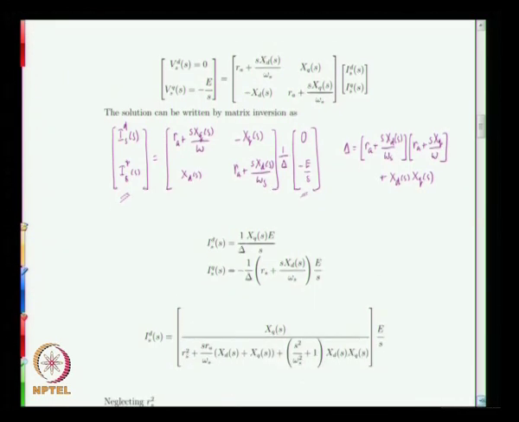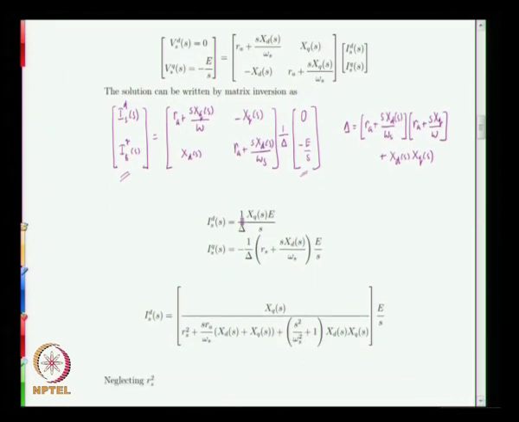So let us expand this expression first, look at Id. The denominator delta is given here, which we expanded. You have Ra, or what is written here as Rs is the same as Ra, so Rs squared, and then s xd into Ra by omega s plus s xq into Ra by omega s, so that is what you have here, and then you have the product of these two terms with an xd xq.